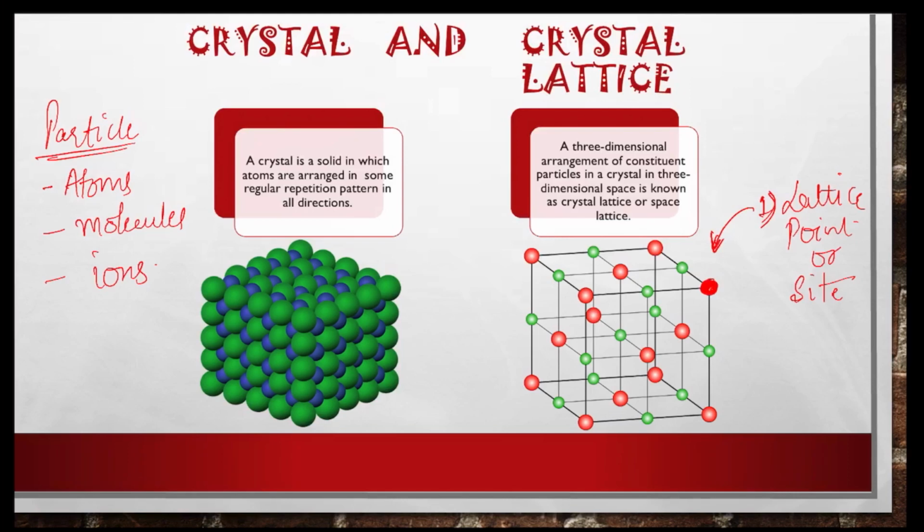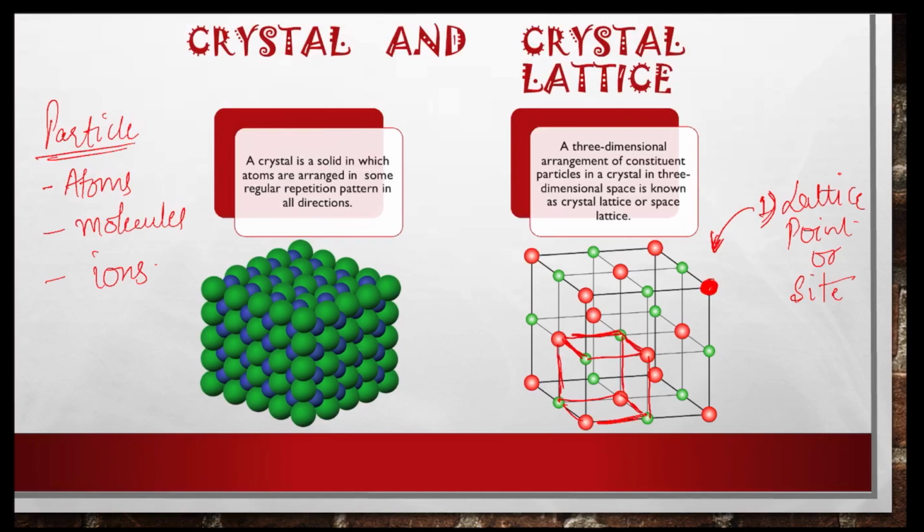And if you just try to imagine this crystal lattice, there is a very, very important term coming over here. I'm highlighting over here with a red color ink. This is the smallest 3D portion of this crystal lattice. If you just take out this smallest 3D portion and repeat it in all 3 dimensions, you will get the whole crystal lattice.